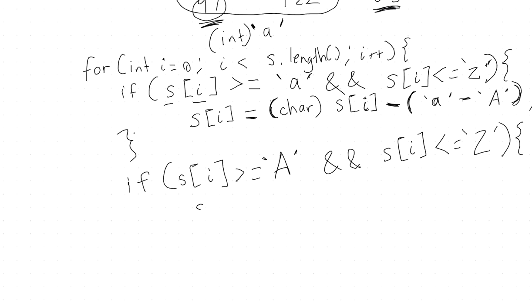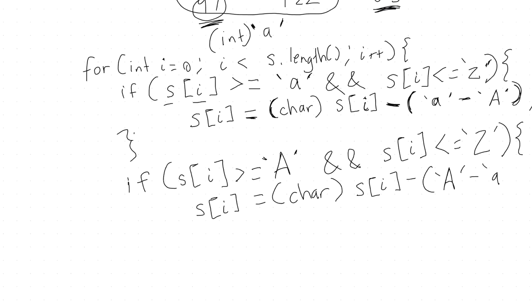Same thing, now you want to set SI equal to the casting of SI minus A minus A. So the case that you're in goes first, and the case that you want to go to goes second.